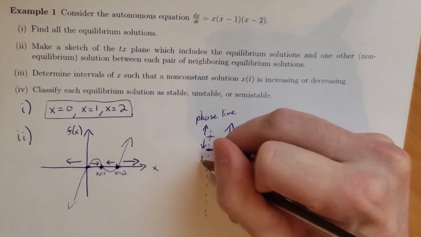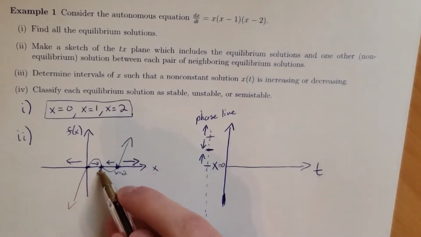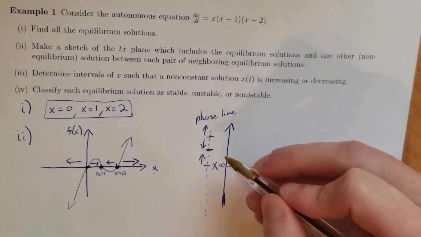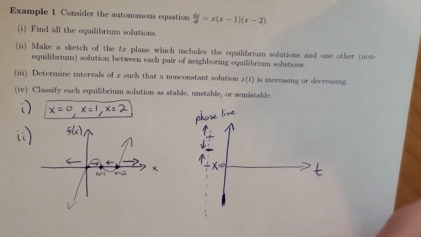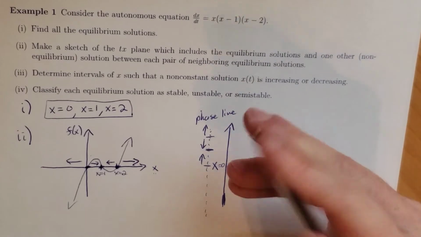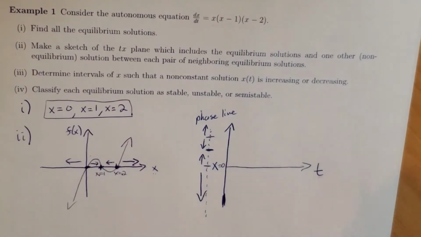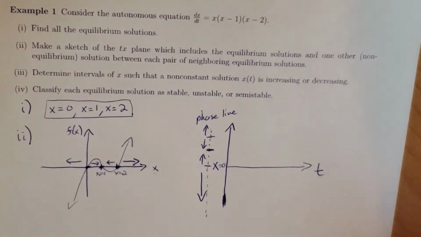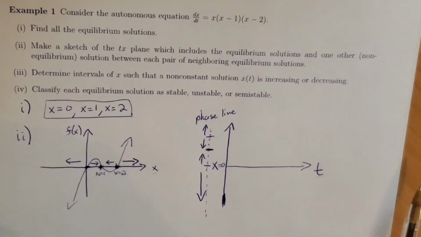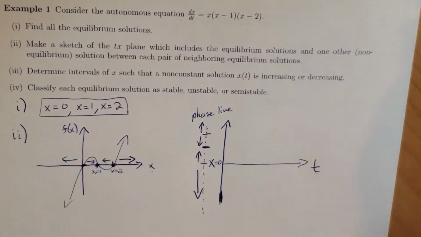Here we have another up arrow. Between 0 and 1, our function is going up, or our derivative is positive, so that means our function is going up. And then we'll put it down here. Down arrow here.